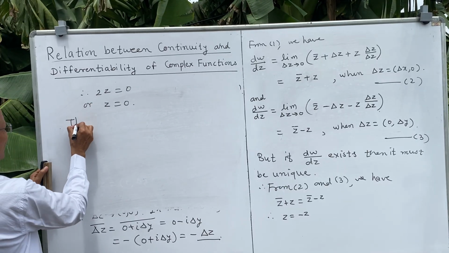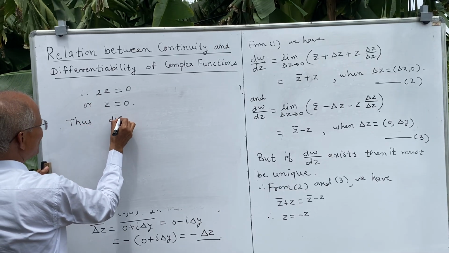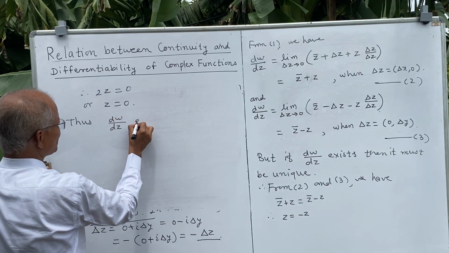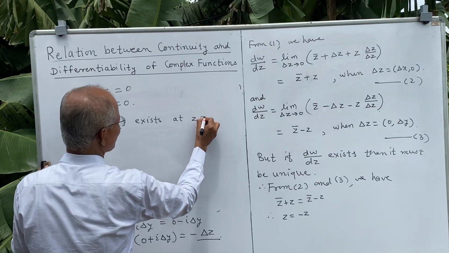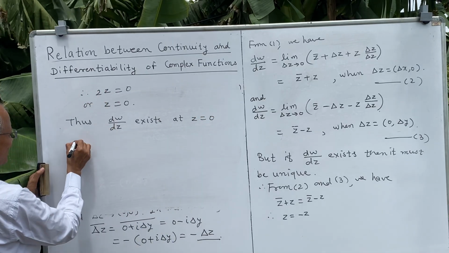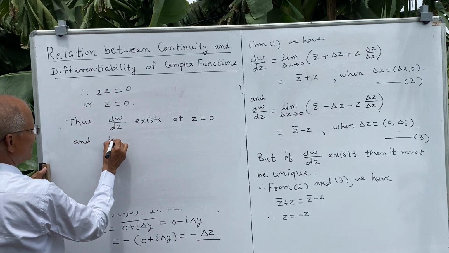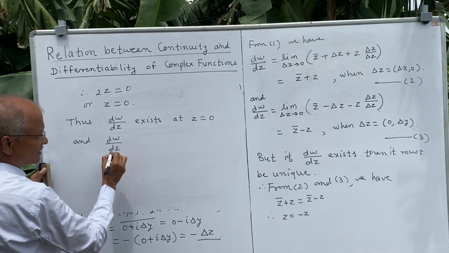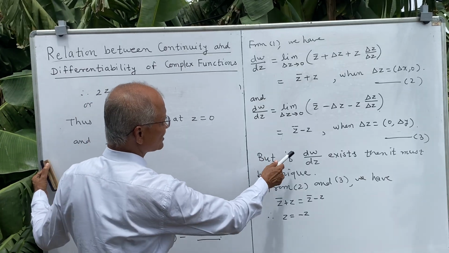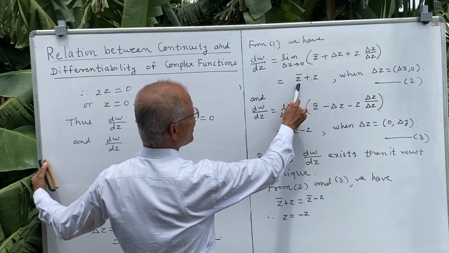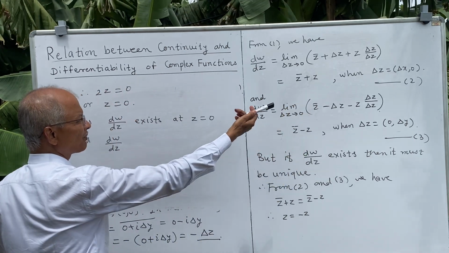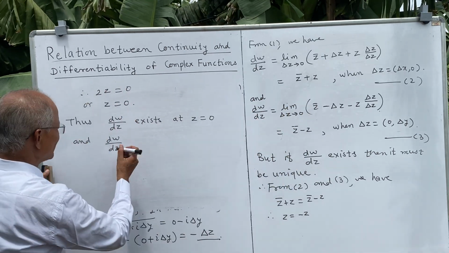Thus dw by dz exists at z equal to 0, and its value is, since z is 0 and z bar is 0, 0 plus 0 or 0 minus 0, which is 0.